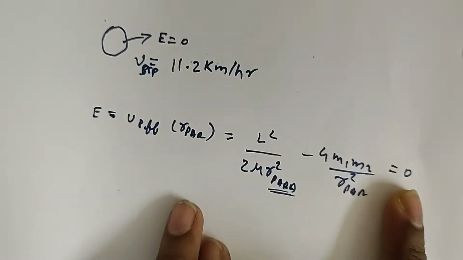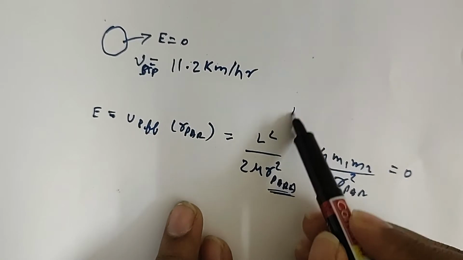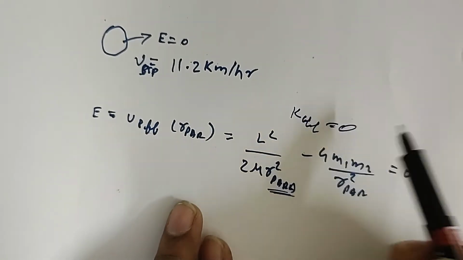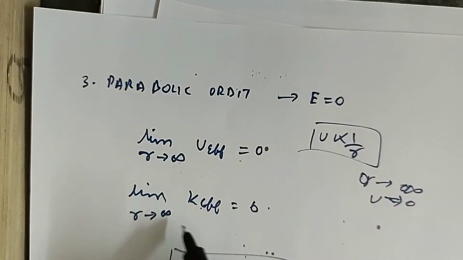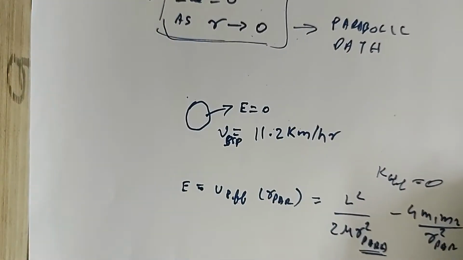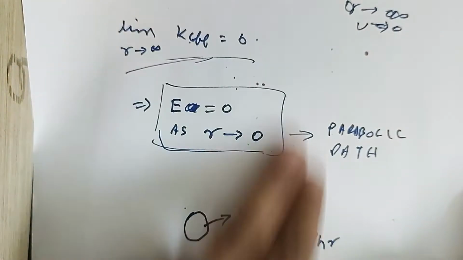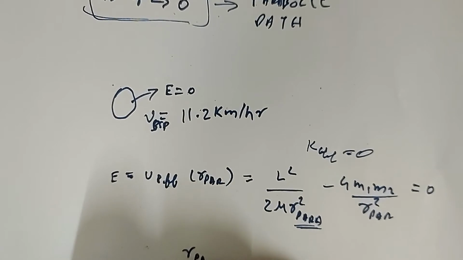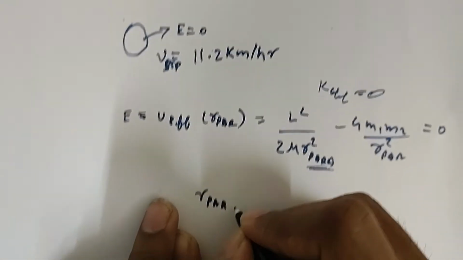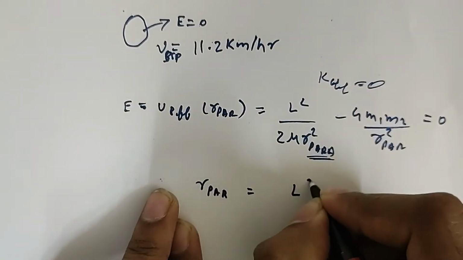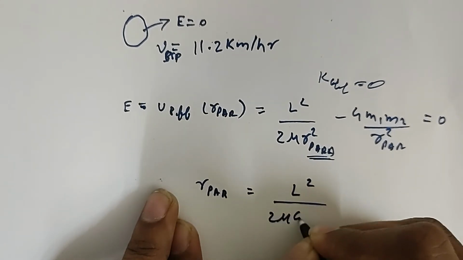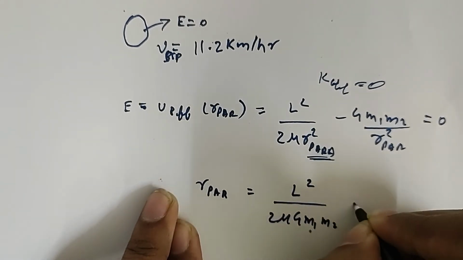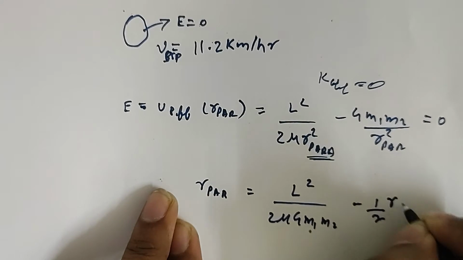My first claim was that the effective potential equals 0 because of this limit. Secondly, E equal to 0 corresponds to the parabolic path. Now I can find r para, which is L square upon 2 mu G m1 m2 minus half r naught.